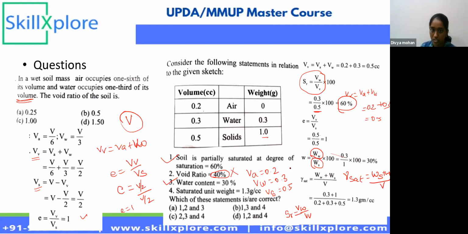The weights and the total volume are given, and we get 1.3 gram per cc, which is also correct. So the statements 1, 3 and 4 are correct, so B is the right answer.